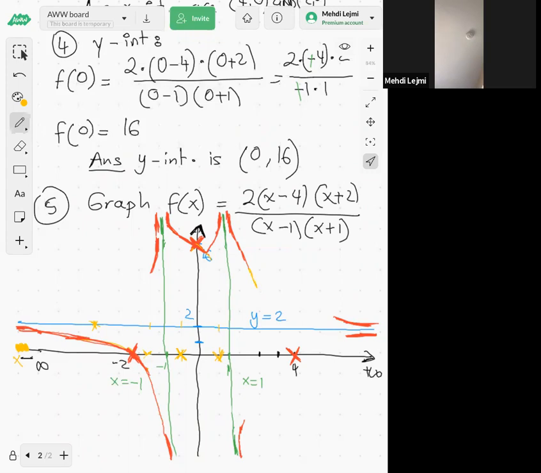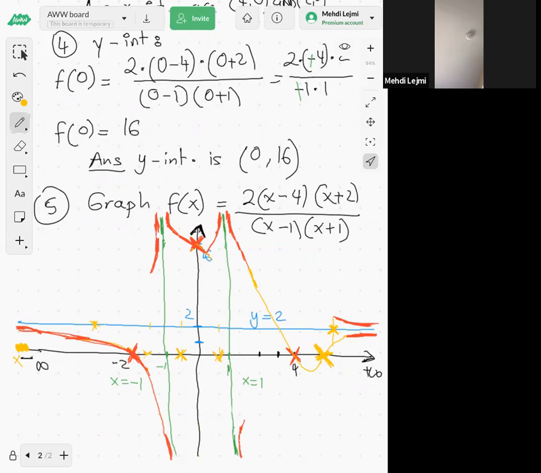If you go down to 4 and then go to your horizontal asymptote, either here or here, you're going to have to cross your x-axis. And you also have to cross your horizontal asymptote when you're close to infinity. So you cannot cross the x-axis right here after 4, because there is no x-intercept after 4.